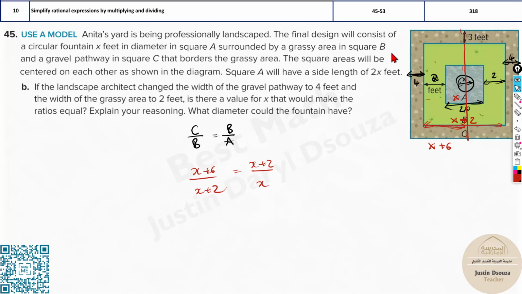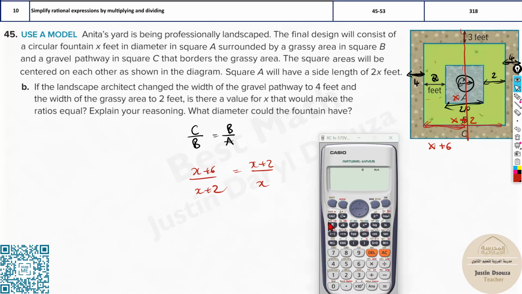But now, what about this? Let's check in our calculators. Here the ratio is x plus 6 divided by x plus 2. This will be equal to x plus 2 divided by x. Shift, solve, and then equal to, you're getting the answer 2. The answer is supposed to be 2, I guess.